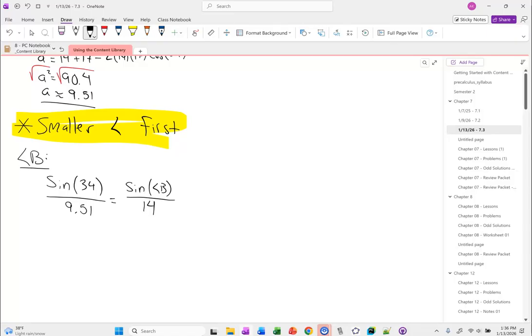And the order is kind of prescriptive, right? You have to find the missing angle next. The only thing you can find is the angle opposite the other side that's given. And then you have to find the third angle, just doing 180 minus the other two. And then you have to find the last side last. There's no other order you can do it in because you don't have enough information.